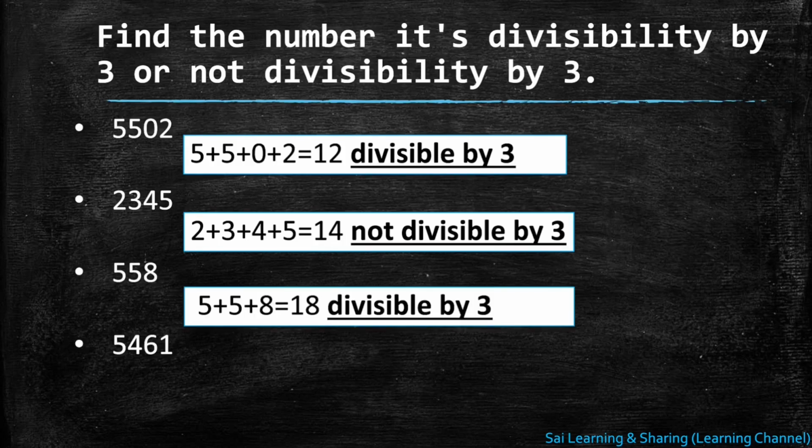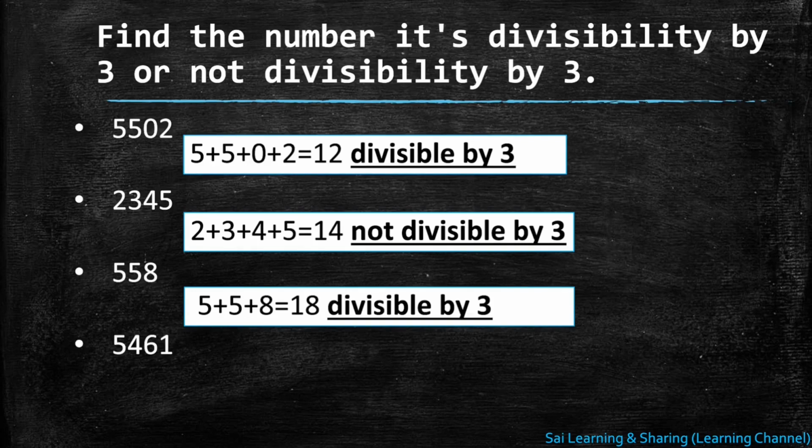3. Then the next one, 558. 5 plus 5 plus 8, the answer is 18, and 18 is a multiple of 3. It is divisible by 3 because 6 multiplied by 3 is 18.